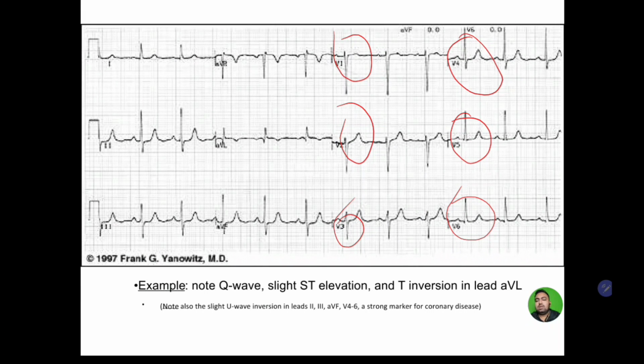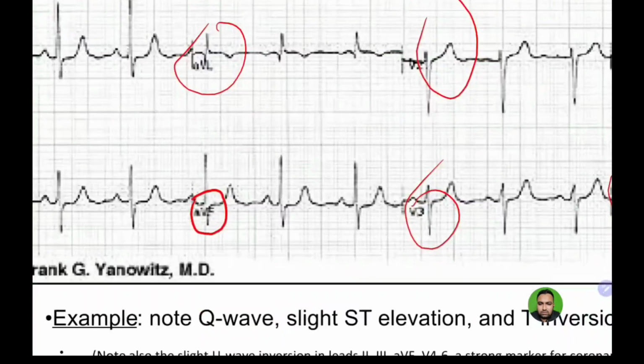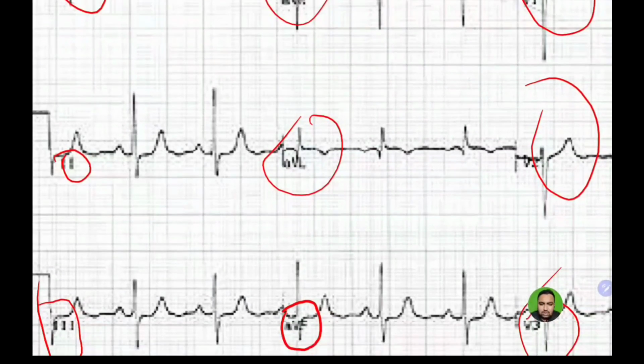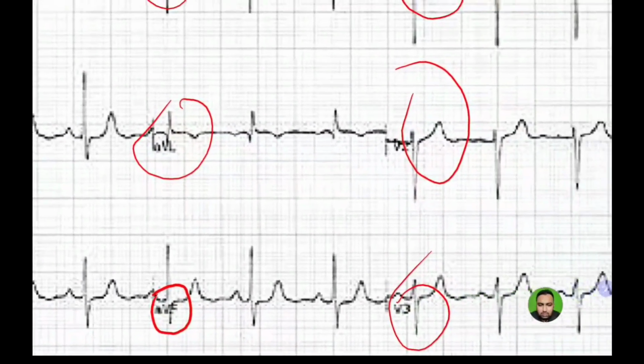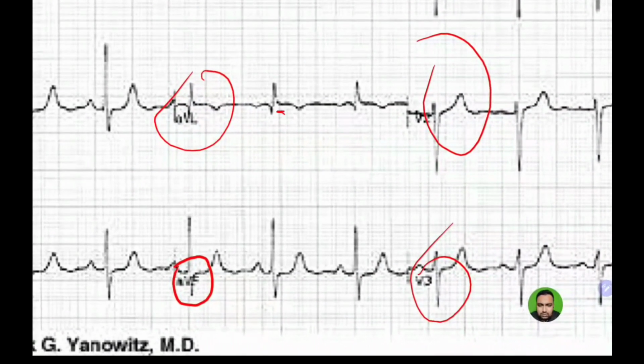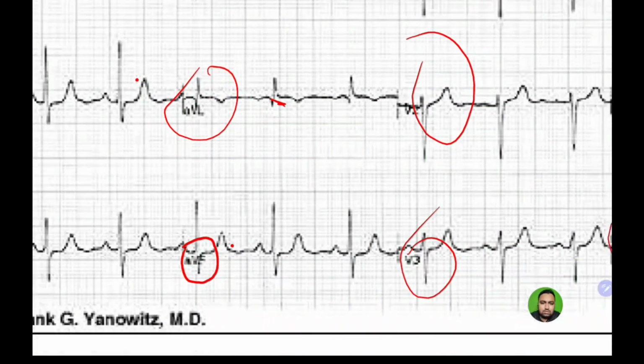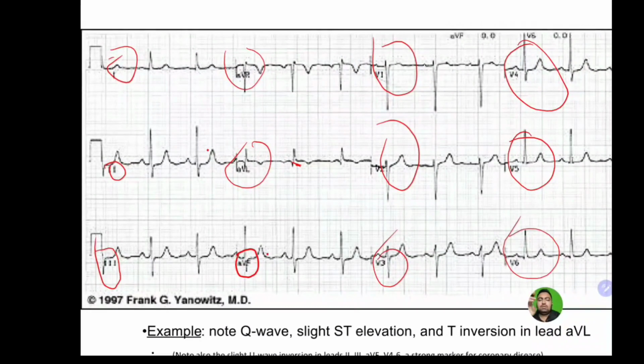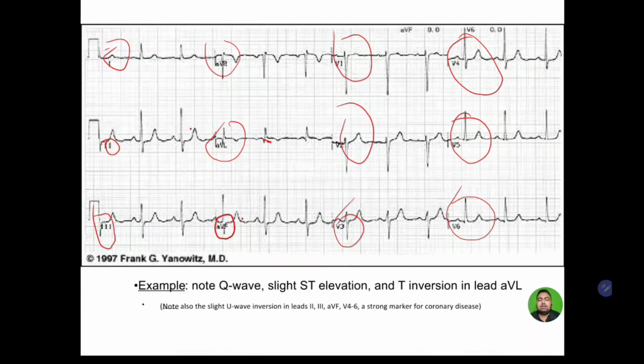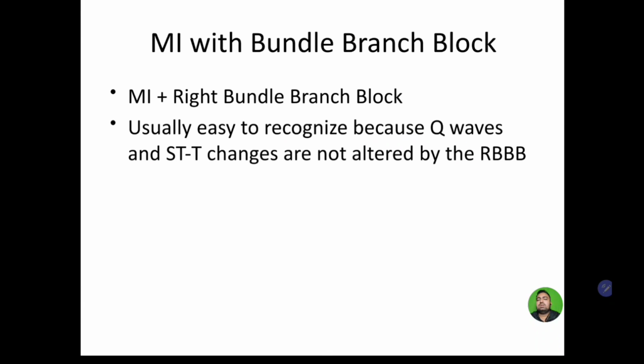And then what is there in the limb leads, lead 2, lead 3 and AVF, and the other limb leads 1, AVL and AVR? As you can see, there is a bit of ST segment elevation in lead 1 and AVL, which is suggestive of lateral wall myocardial infarction.